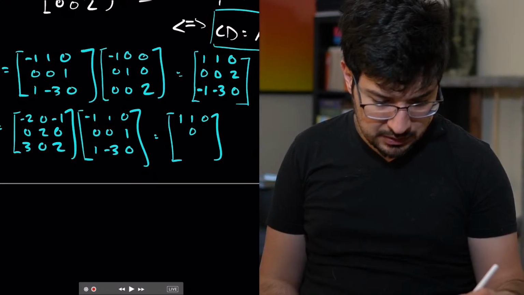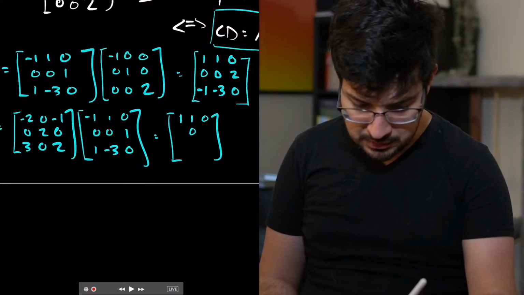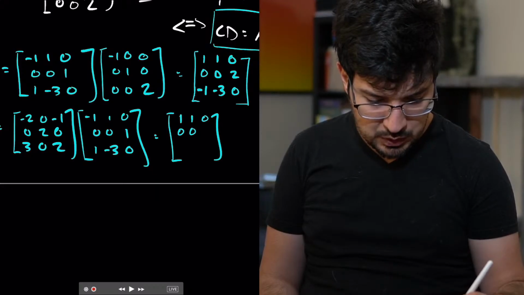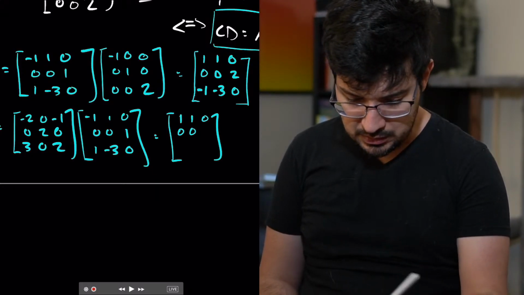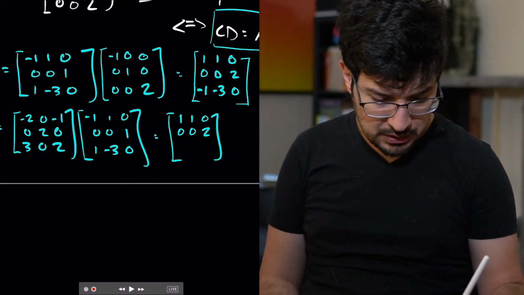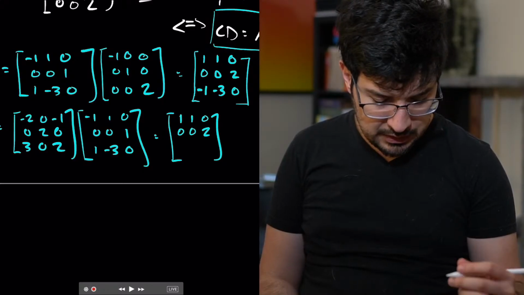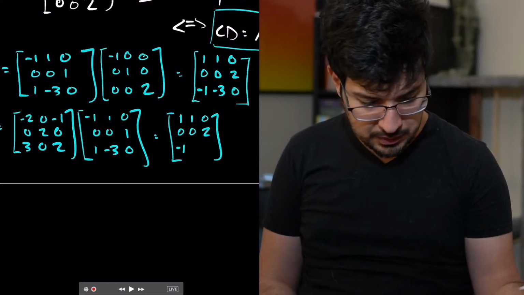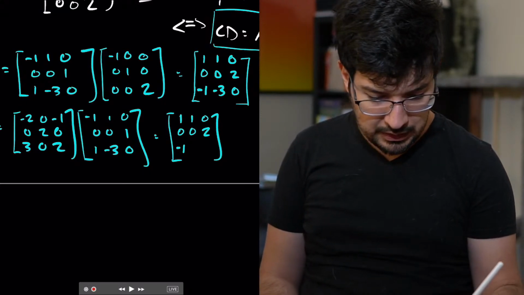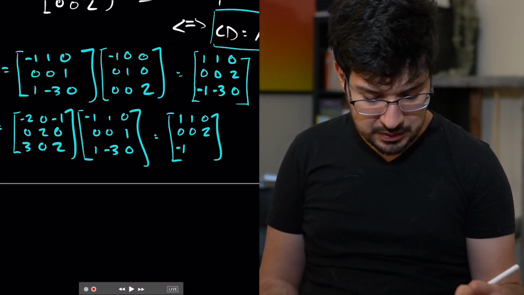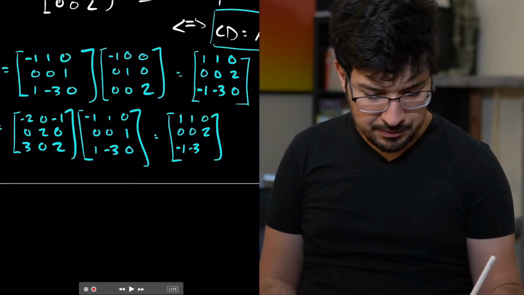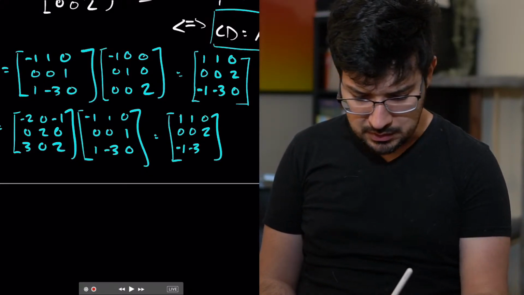0, 0, 0. 0, 2, 0, 2. -3 plus 2. Yep, we got this correct. 3 minus 6 is -3. We got this correct. 0, 0, 0.